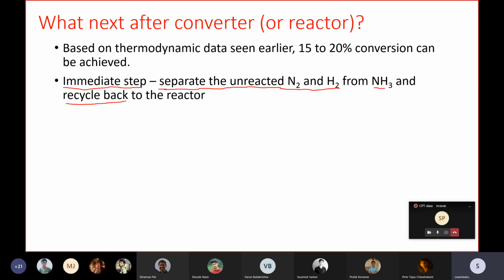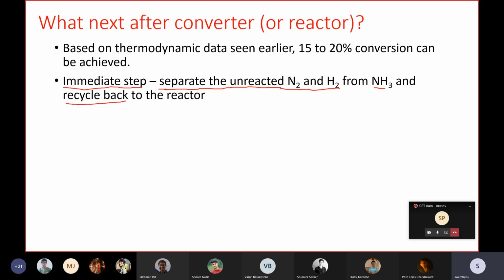Then only can we avoid the loss of nitrogen and hydrogen. Also, we can get higher yields while keeping the conversion low through the recycling. We can enhance the yield of ammonia.